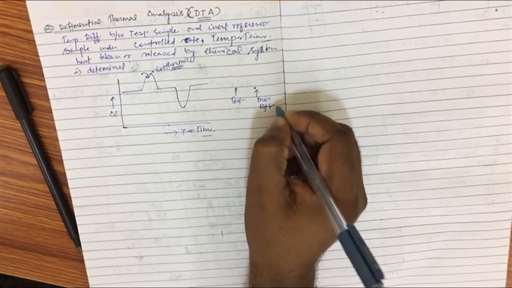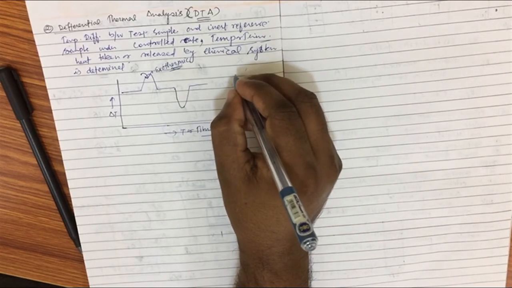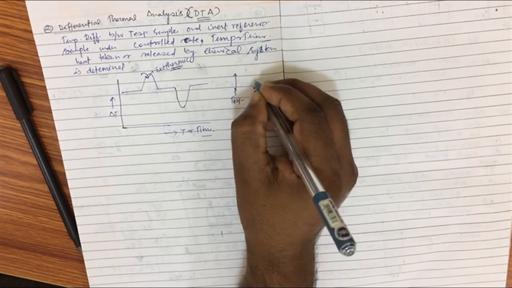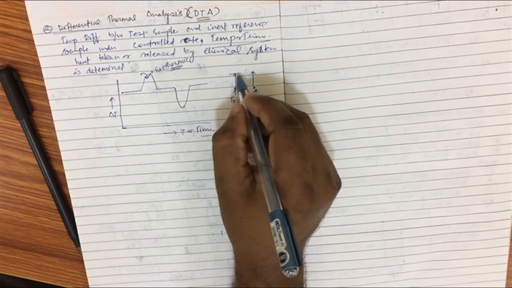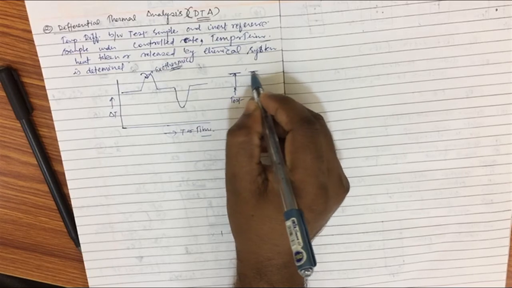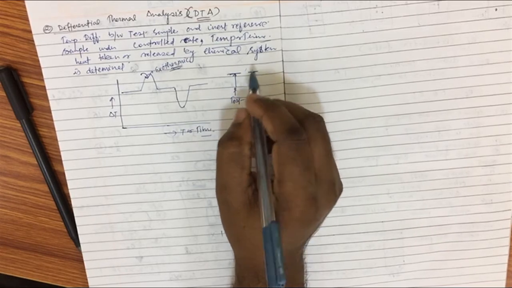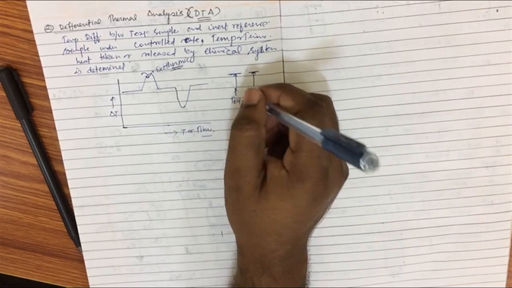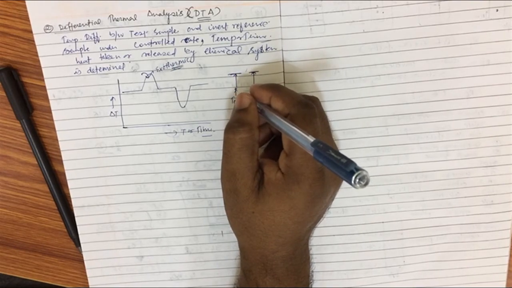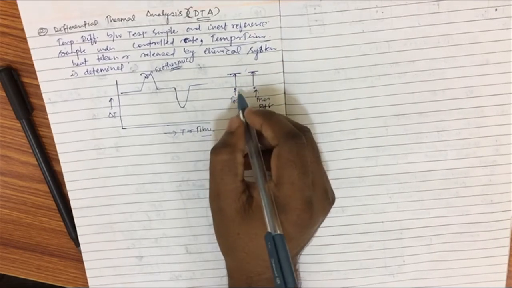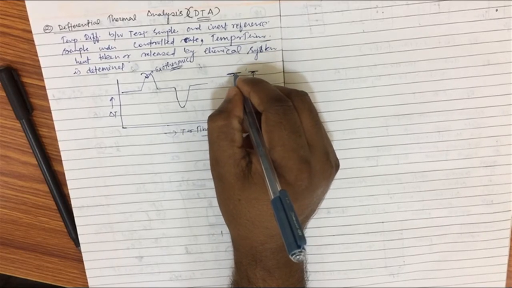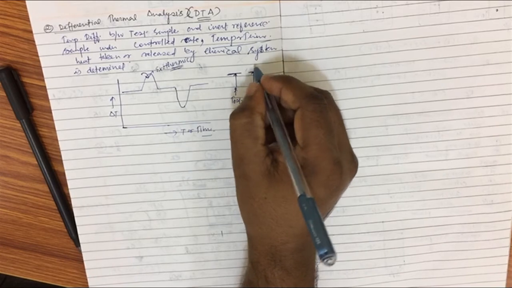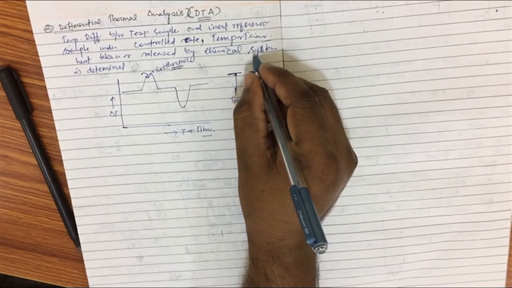Okay, so if we increase the temperature of both in a continuous manner, at these points your temperature is the same, but your test sample is showing some melting, but this inert reference sample is going on increasing.